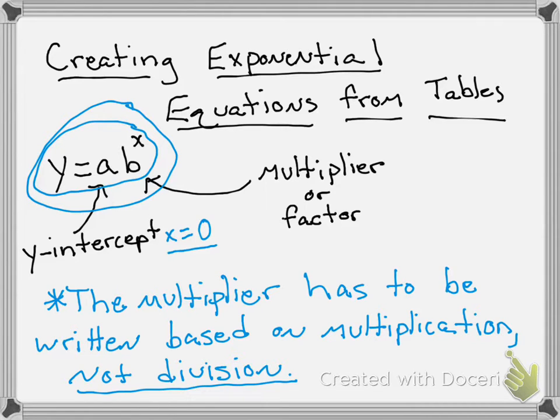So what I mean by that is, if you notice that the y values are being divided by 2, as multiplication, that means you're multiplying by 1/2. Just like if you were to say divide by 4 on the y values, that means that you would be multiplying by 1/4. That's what I mean when I say written in terms of multiplication, all right?